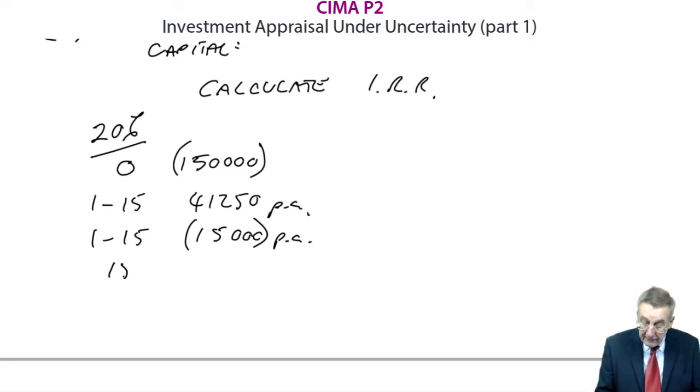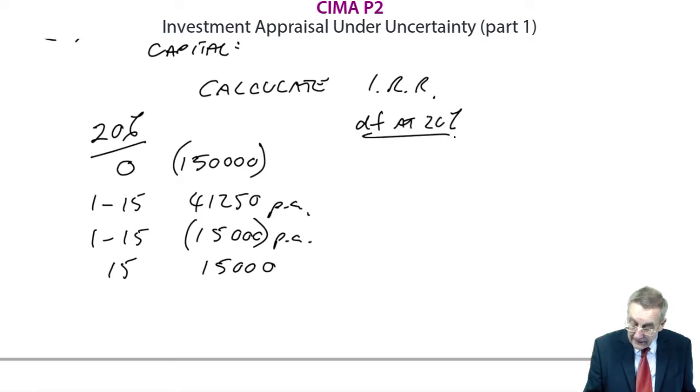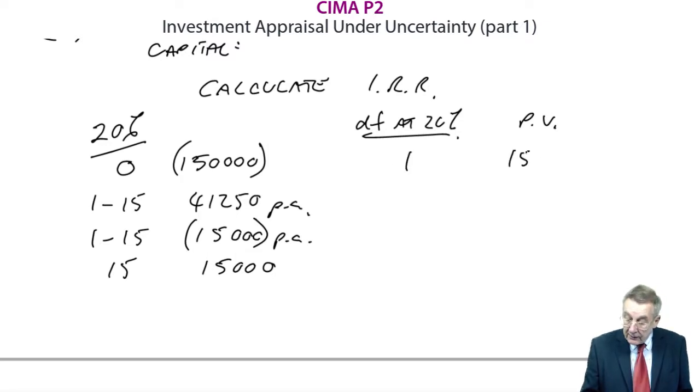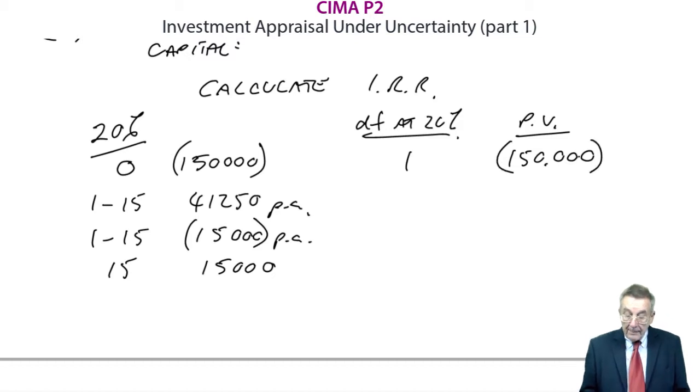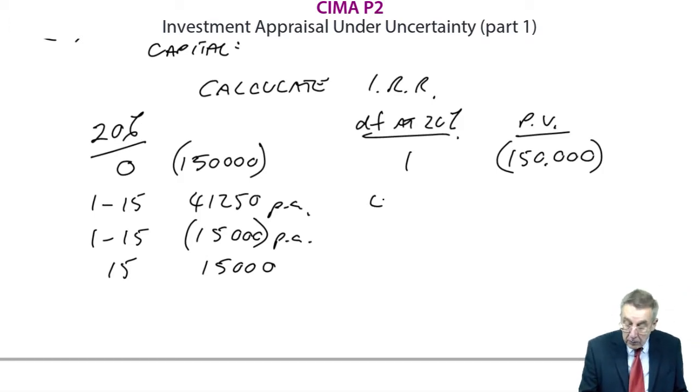And we've got a scrap in 15 years' time of 15,000. So exactly as before, but this time let's discount at 20%. $150 is $150. An annuity, 15 years at 20%. The factor is 4.675.